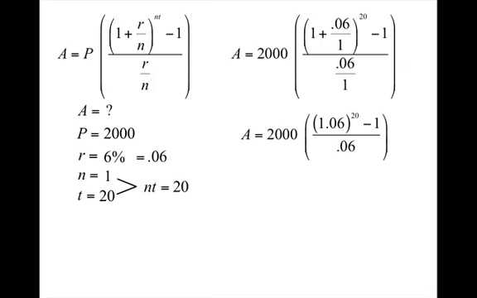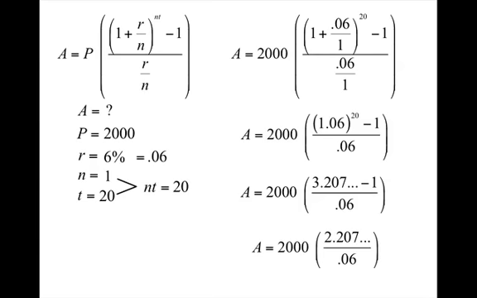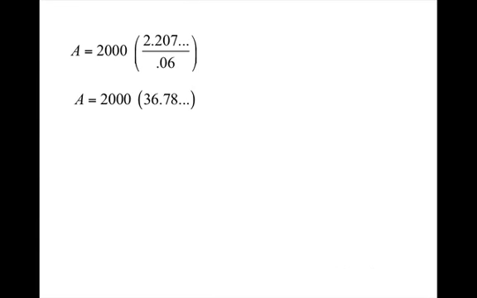So as we saw on the calculator, the 1.06 raised to the 20th was 3.207. Then when I subtracted the 1, I got 2.207. Then next I divided by the 0.06, and I got 36.78.